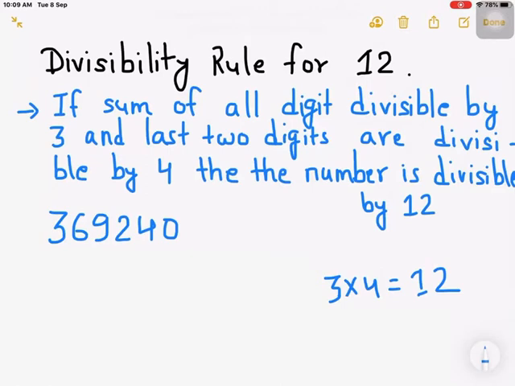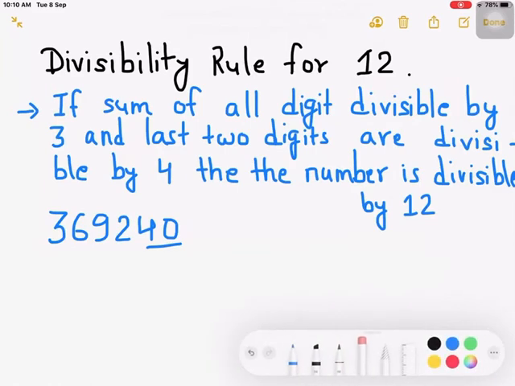What is the divisibility rule for 3? That the sum of all the digits of the number must be divisible by 3, isn't it? And what is the other condition? The last two digits must be divisible by 4.